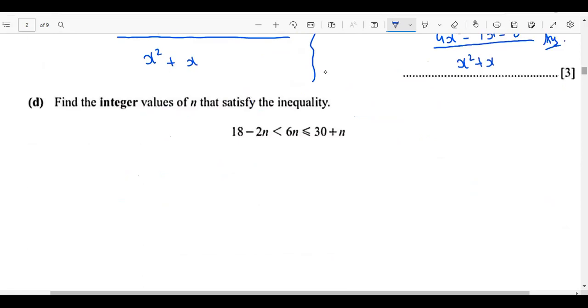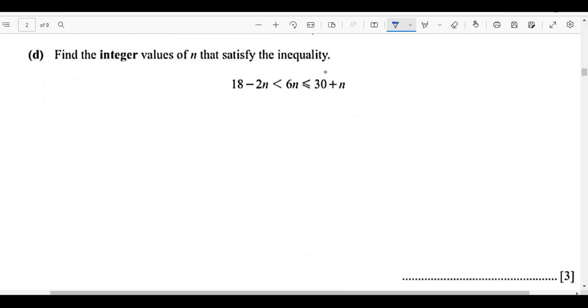All right. Let's talk about the fourth part. Now it says find the integer values of n that satisfy the inequality. What is the inequality? It says 18 minus 2n is less than 6n, and 6n is less than or equal to 30 plus n.